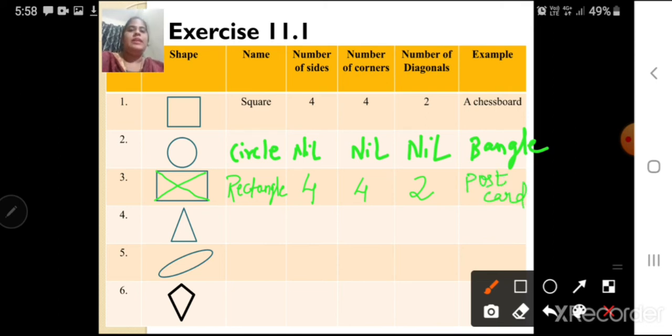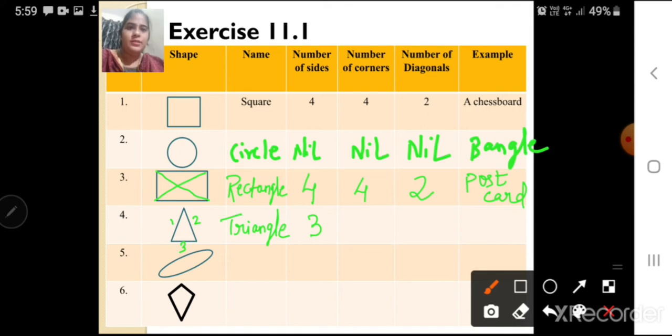Okay. Next one is a triangle, correct? Now in a triangle, how many sides are there? You can just count, children. 1, 2 and 3. There are 3 sides, so we'll write here 3.